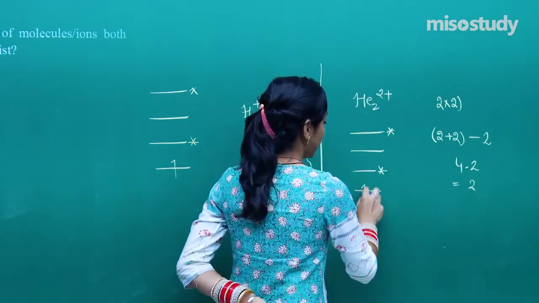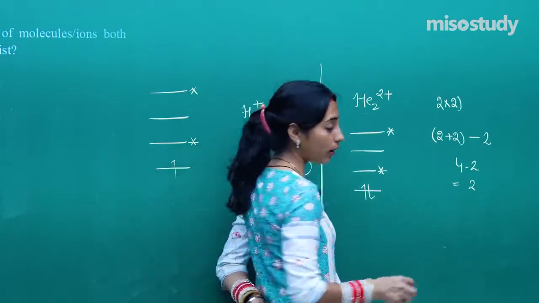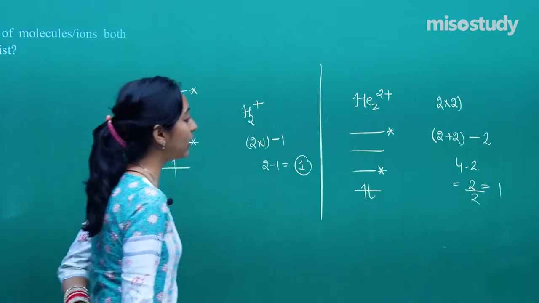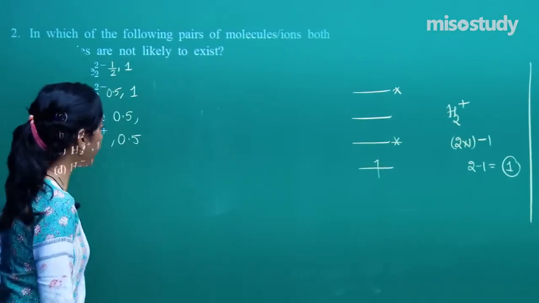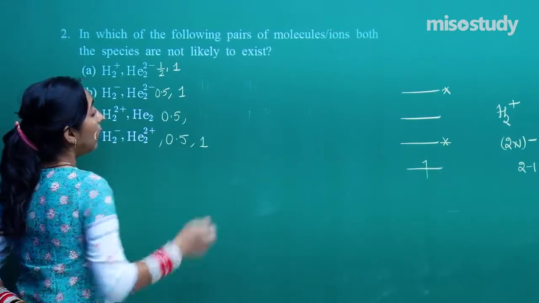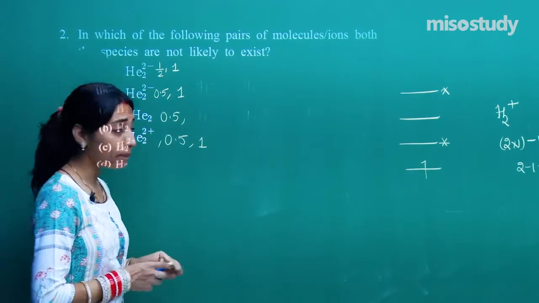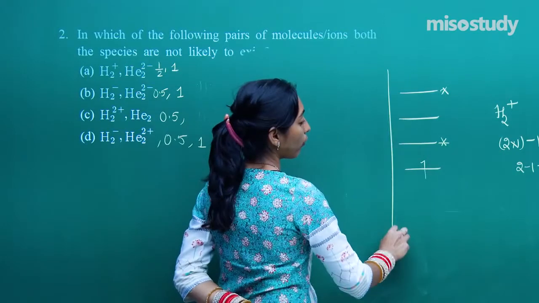So 2 will be here, and the bond order is 2 by 2, which is 1. So in the case of He2 with 2 positive, the bond order will be 1. Now we are left with the last option, which is He2 only. He2 will have a total of 4 electrons.